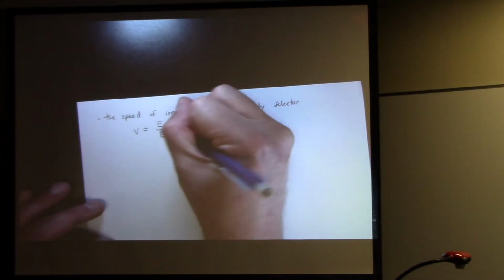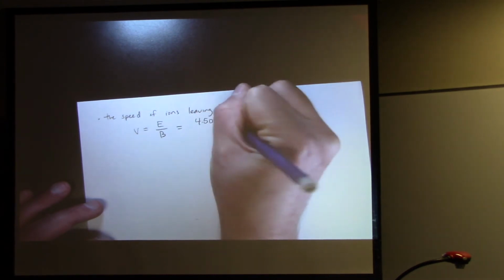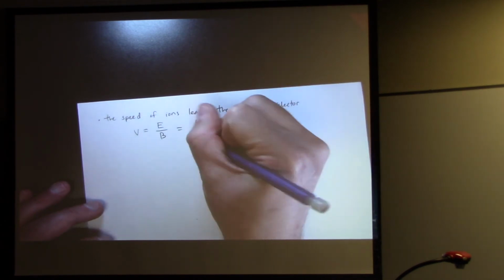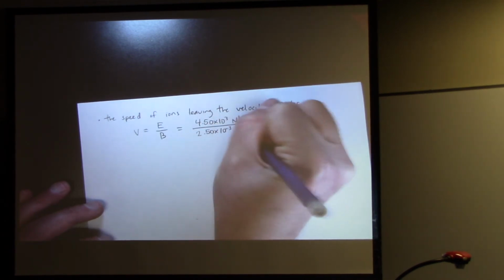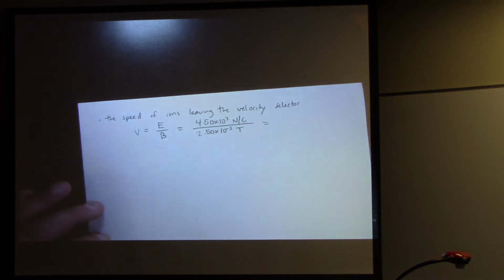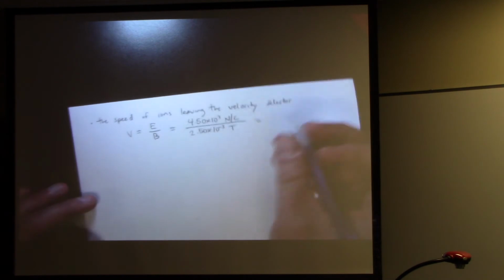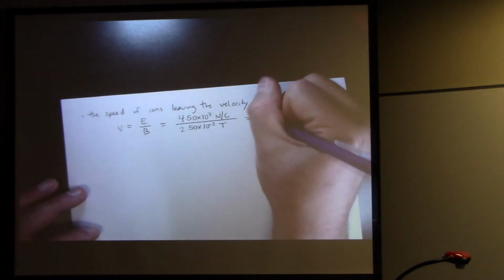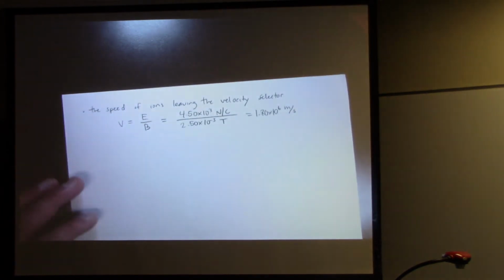And E is going to be, in this case, 4.50 × 10^3 newtons per coulomb. And B is going to be 2.50 × 10^-3 Tesla. Again, the units get a little funky here, but as long as everything is in SI, then the speed comes out in meters per second. And that's going to be 1.8 × 10^6 meters per second in particular.